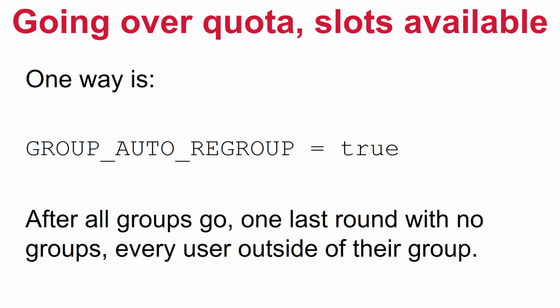However, at the very end, after every group has gone, if there are any slots left idle, there is a bonus round where every submitter loses their group identity and negotiates individually, just as if there were no groups. All of the normal priority factor and accounting still hold, but each submitter goes and negotiates as if there were no groups and no group quotas. This tends to work very well for most sites.